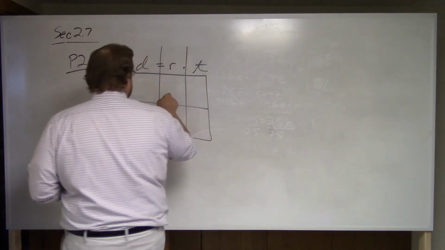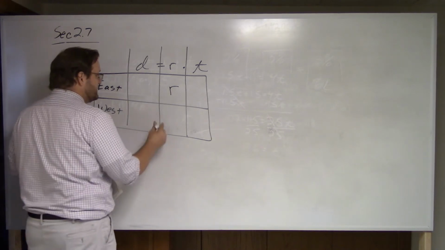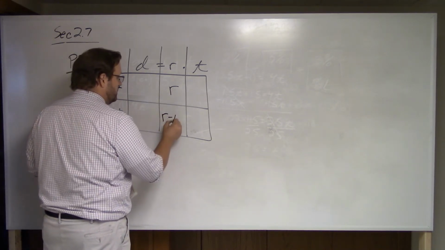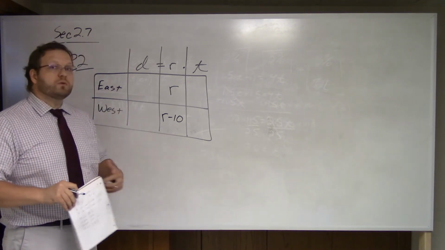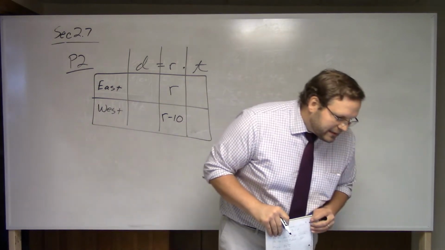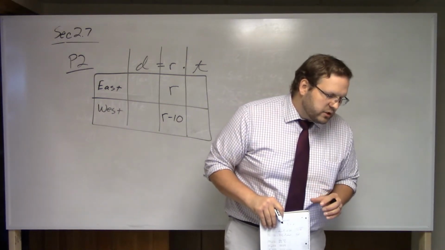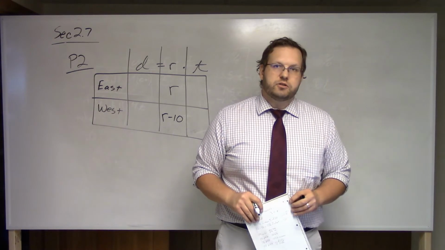So the east speed, I don't know. But the westbound train is going 10 slower. That was what was described to us. I read on. It says, in 1.5 hours, the trains are 171 miles apart. Find the speed of each train.